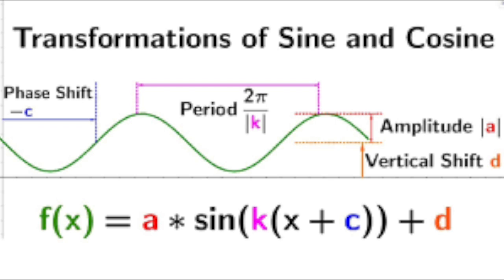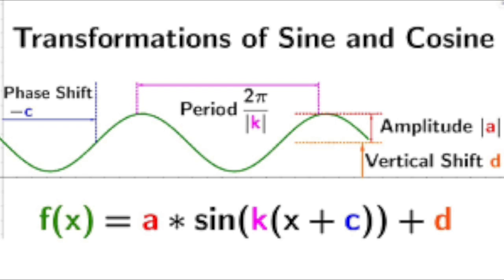A good example to use is: we have x and y, where x is our input and y is our output, and then we have A, B, C, and D. A is going to go before the trigonometric function. For instance, if you have y equals sine, it's going to be y equals A times sine.